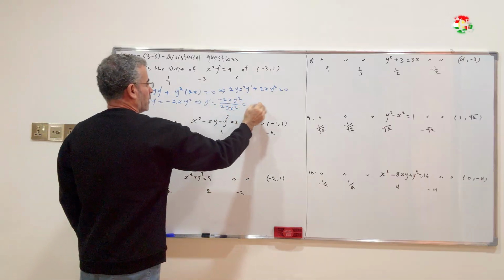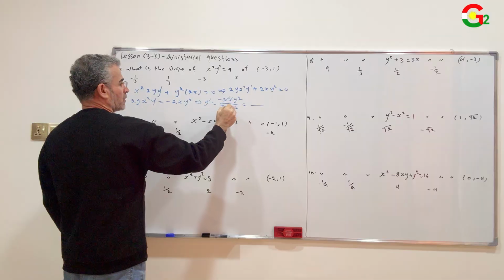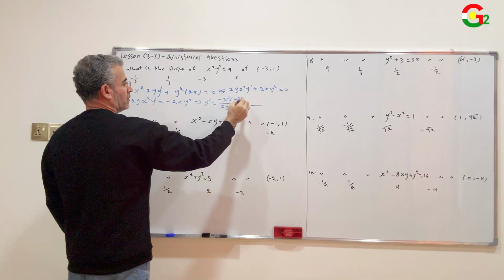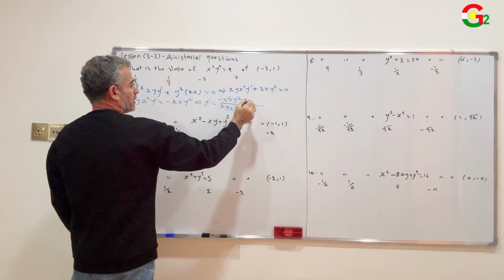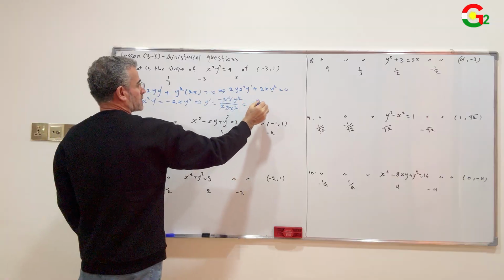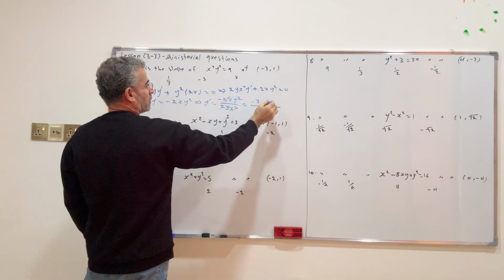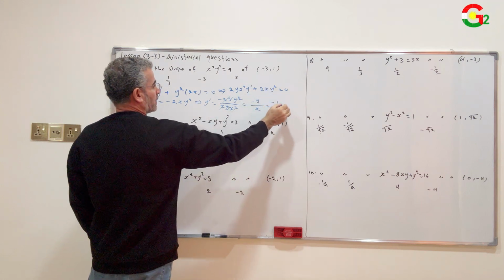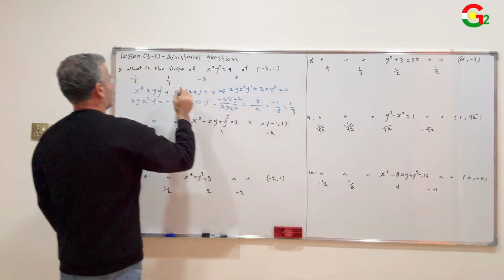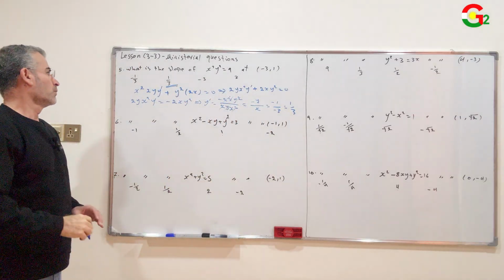Then reduce 2 with 2, x with x^2, y with y^2. The result will be -y over x. At the point (-3, 1), -1 over -3 equal to 1 over 3. Choice B. Question number 6.